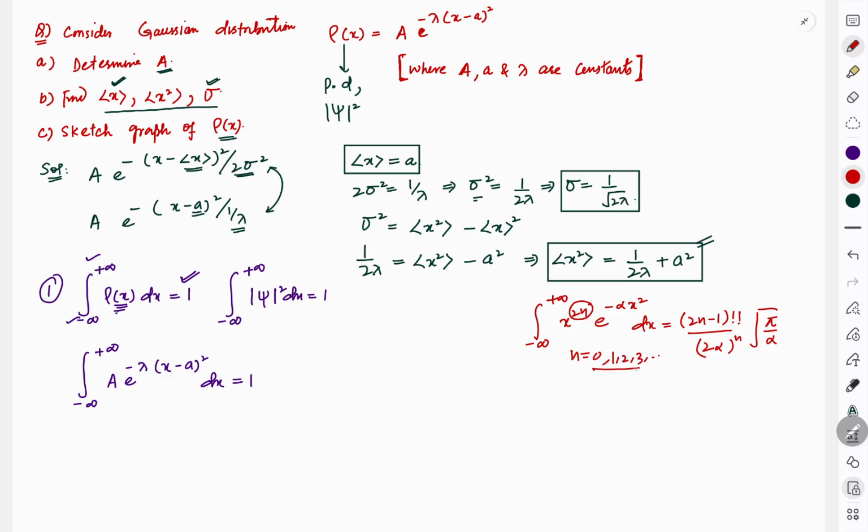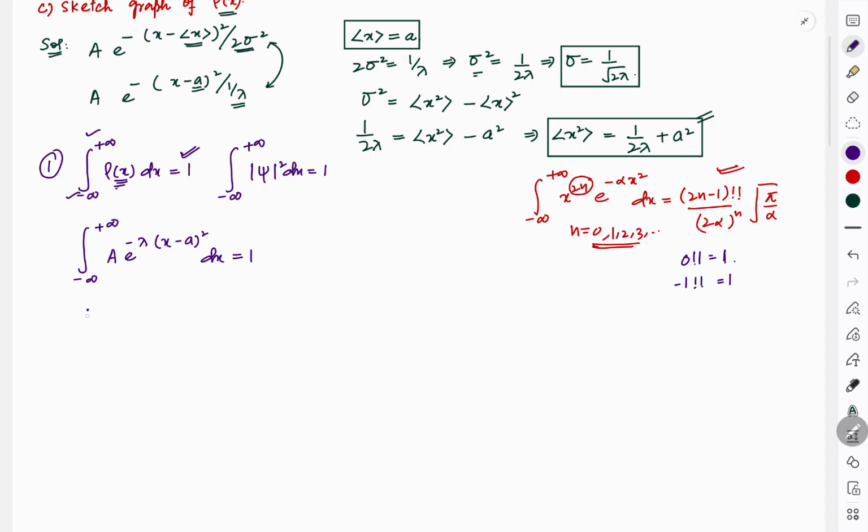But when we put n equals 0, n equals 1, n equals 2, it becomes even, and this formula is very useful. For (2n minus 1) double factorial, you have to remember two things: 0 double factorial is 1, and minus 1 double factorial is also 1. Okay, let's use it here.